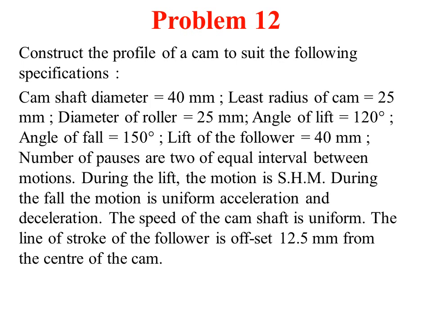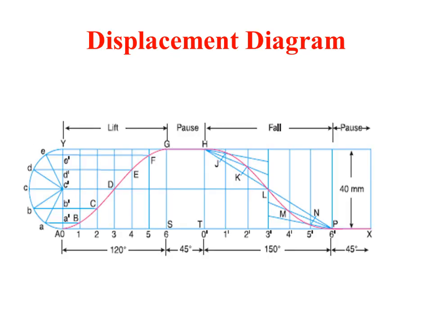So let us, using whatever values they have given, draw the displacement diagram and the profile of the cam. Coming to the displacement diagram first, the first thing we have to do is draw a horizontal line, and this horizontal line will represent the outstroke, dwell, return stroke and dwell as mentioned in the problem.